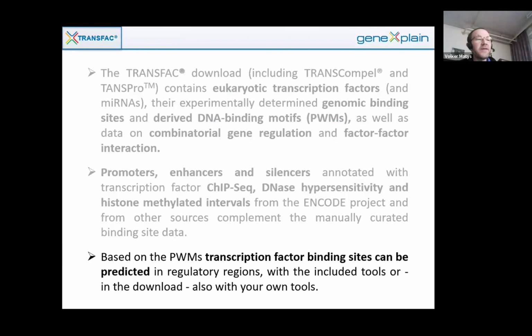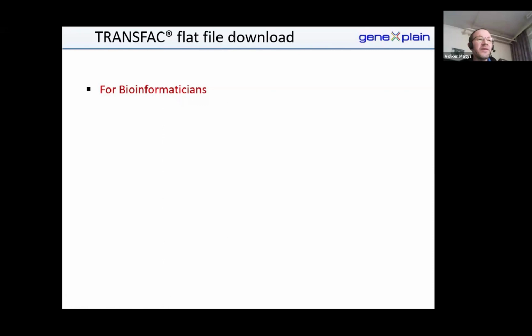Based on the positional weight matrices, transcription factor binding sites can be predicted in regulatory regions with the included tools, or in the download by your own tools as well.